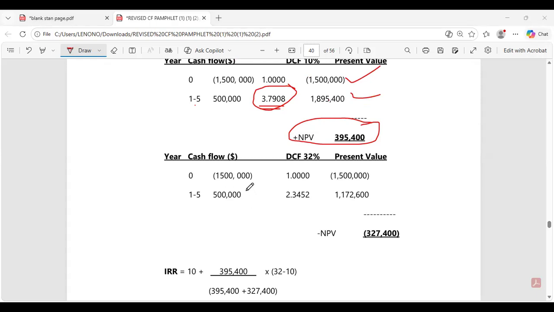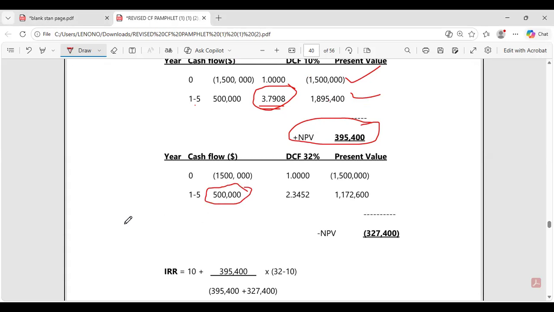So the 500,000 was an annuity. To get the annuity factor, you say 1 minus 1.32 to the power -5, over 0.32.